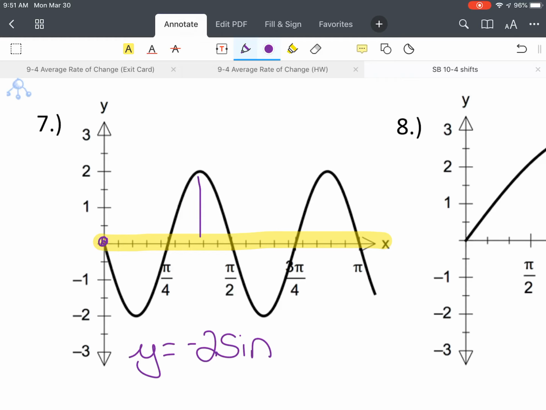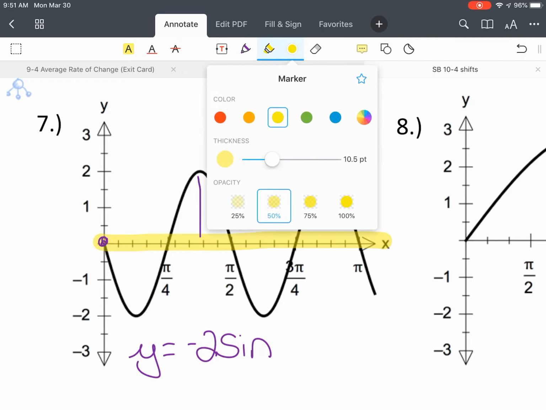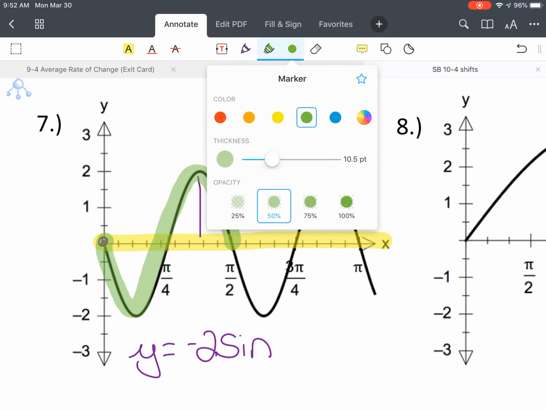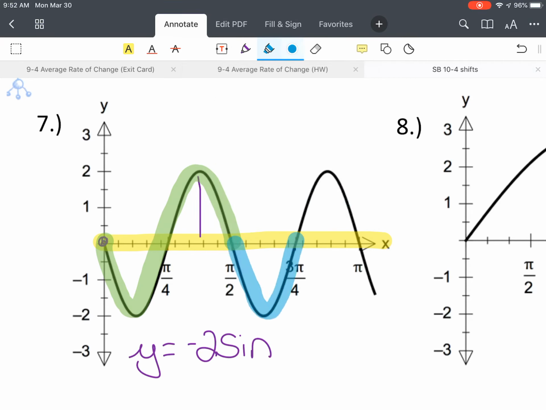How many cycles do I see from 0 to 2 pi? Well, let's see how many cycles we see here. So I see 1 cycle, 2 full cycles.